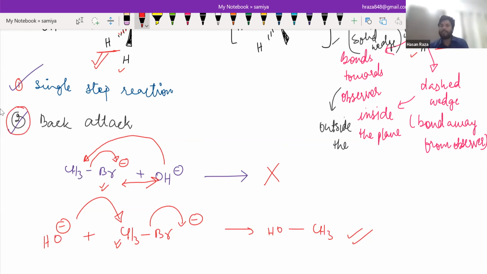Front attack is not possible because of proper orientation. Two negative charges repel each other, so Br minus will not allow OH minus to come from the same side. Is that clear, everyone? Darshan and Ayman.